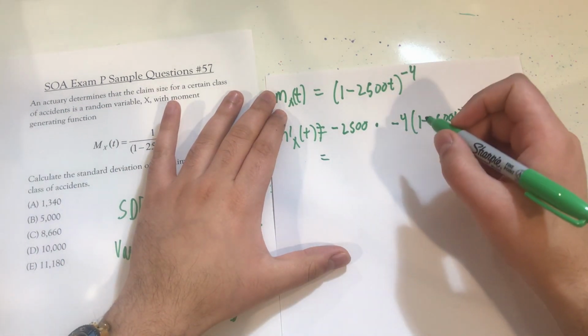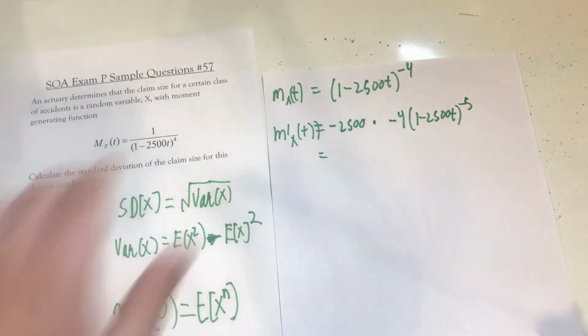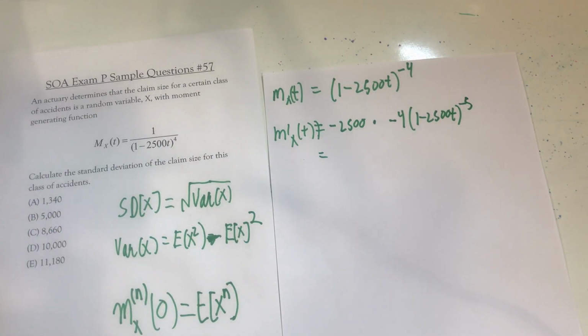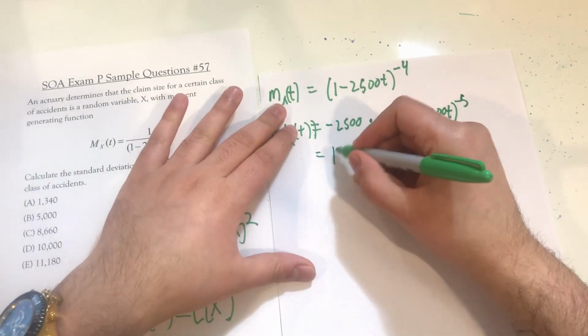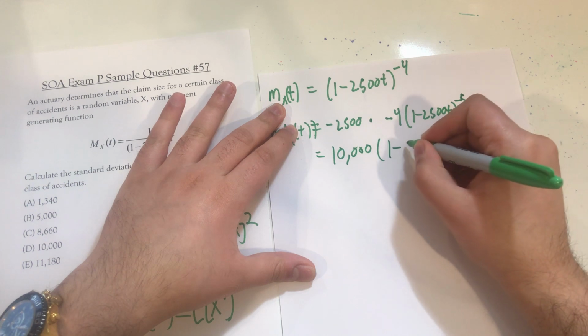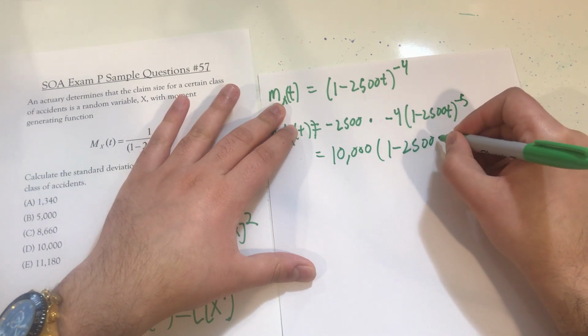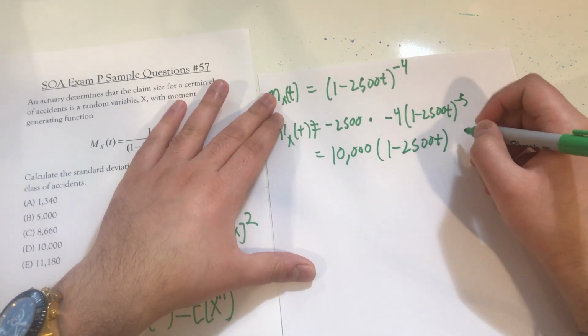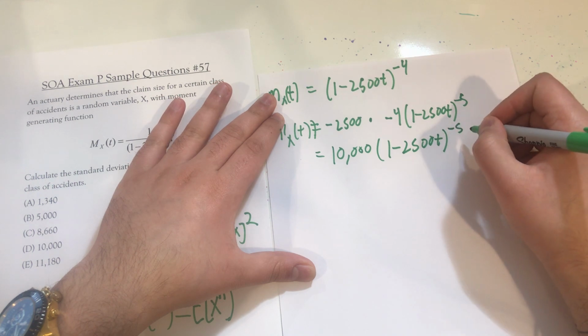So evaluating this at 0, I'll multiply the negative 2,500 and the negative 4. Negative 2,500 times negative 4 is 10,000. Yep, that's 10,000. And that's times 1 minus 2,500t raised to the negative fifth.